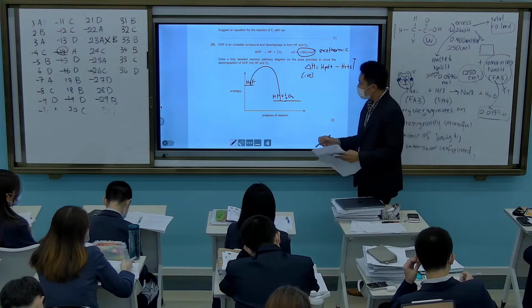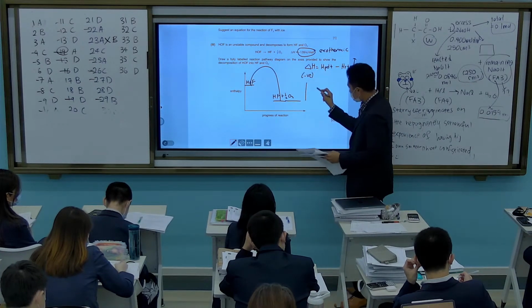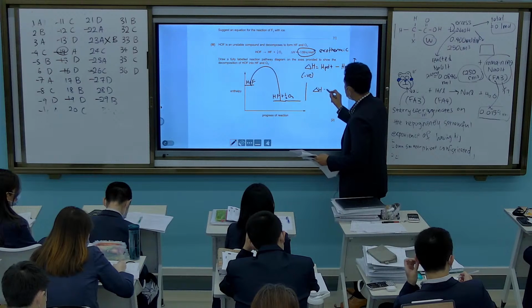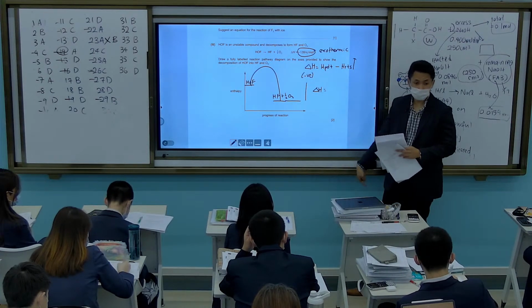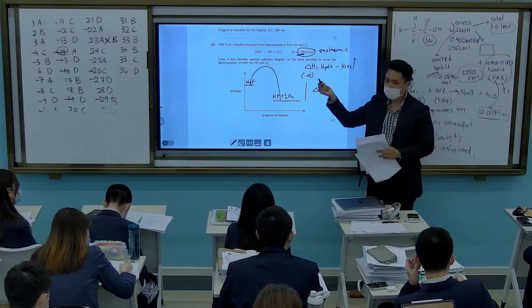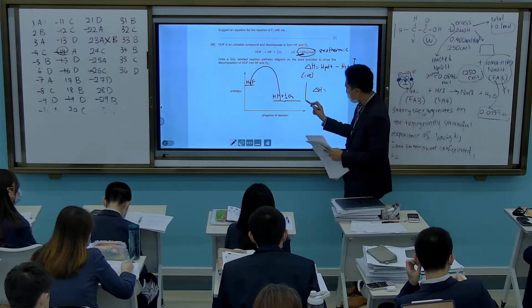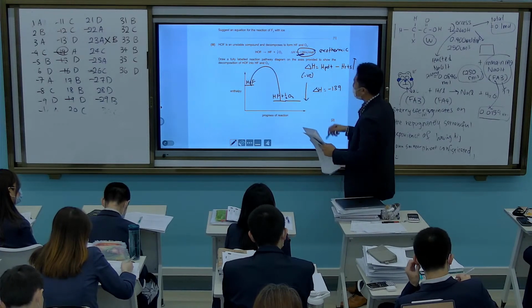You need to label the enthalpy change ΔH. Now, when I want to label ΔH, is the arrow going up or going down? This is negative, so to indicate that it's negative, the arrow goes down. It's minus 139.